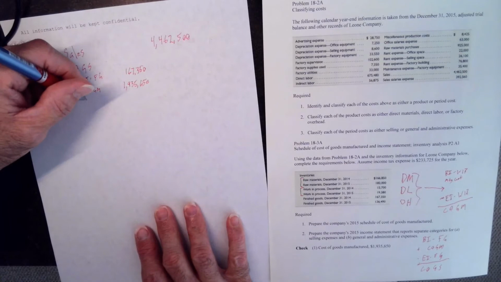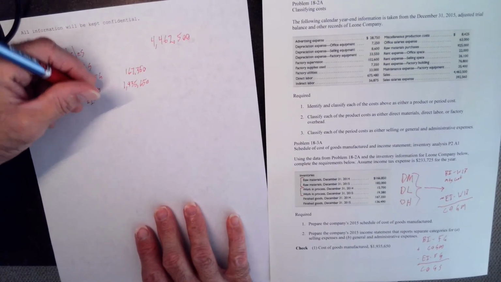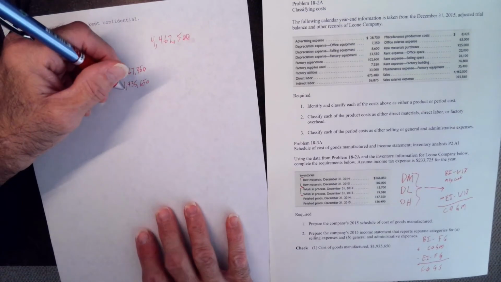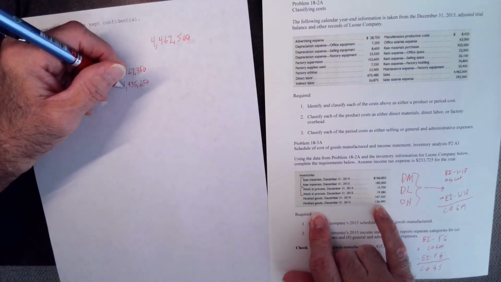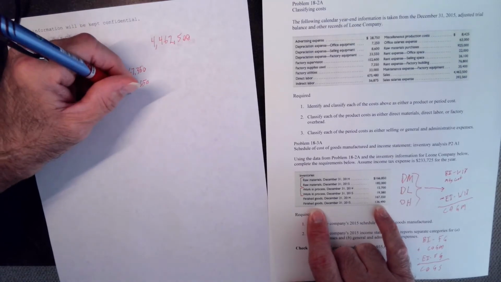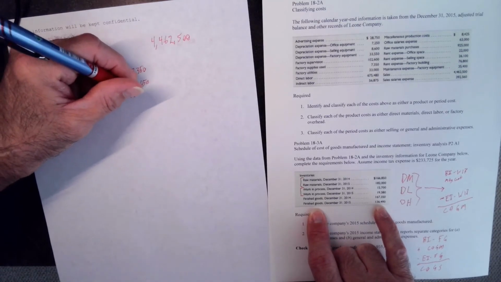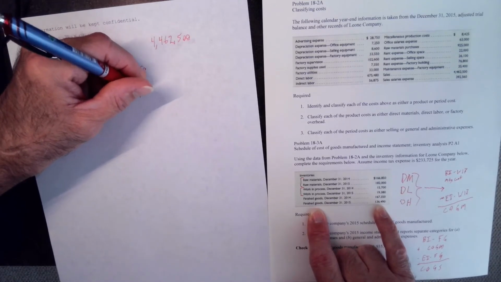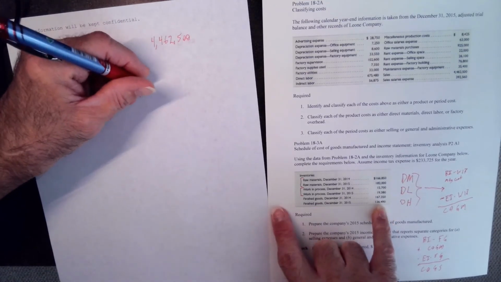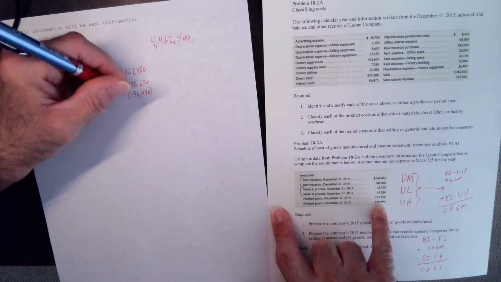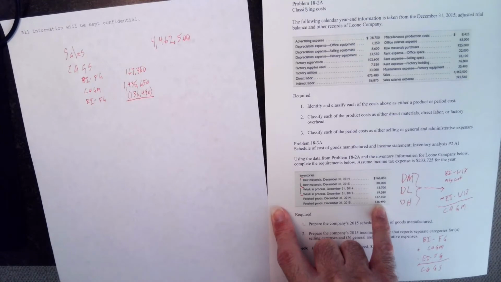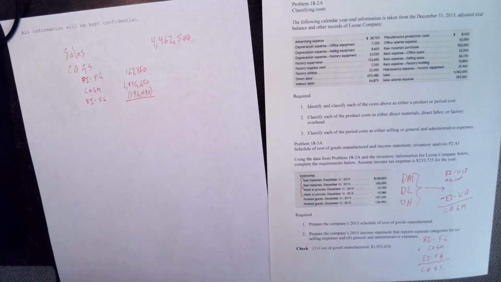And then I'm going to subtract ending inventory for finished goods, and that is 136,490. Subtract, and I don't have my crib notes for this one, so I got to pull out the old calculator here and figure this one out.